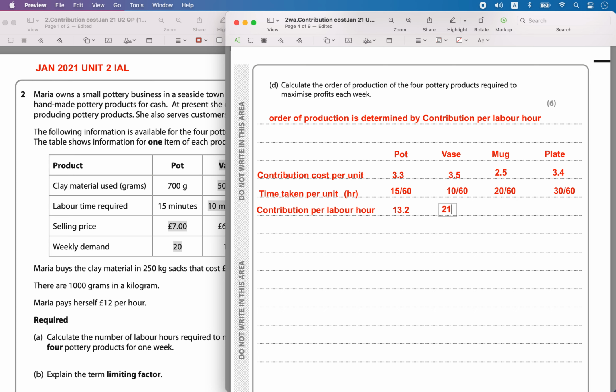Then we have 2.5 divided by 20, into 60, so that is equal to 7.5. Then we have 3.4 divided by 30, into 60, so that is equal to 6.8.